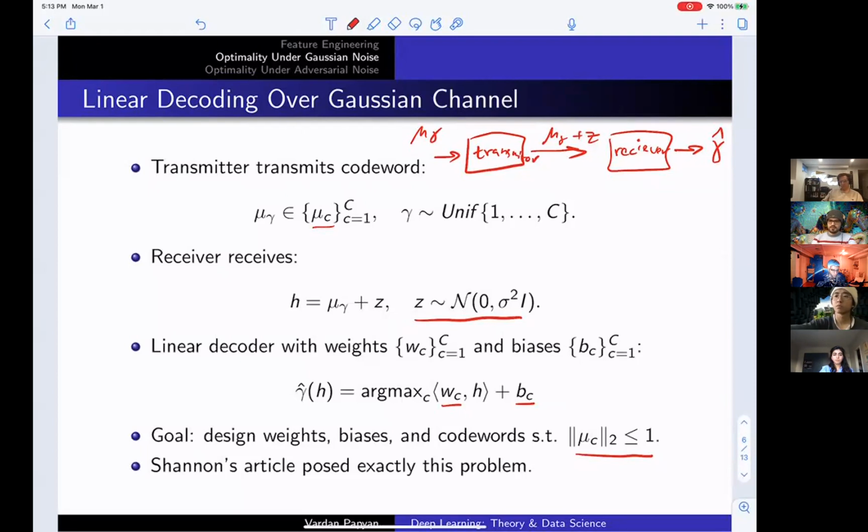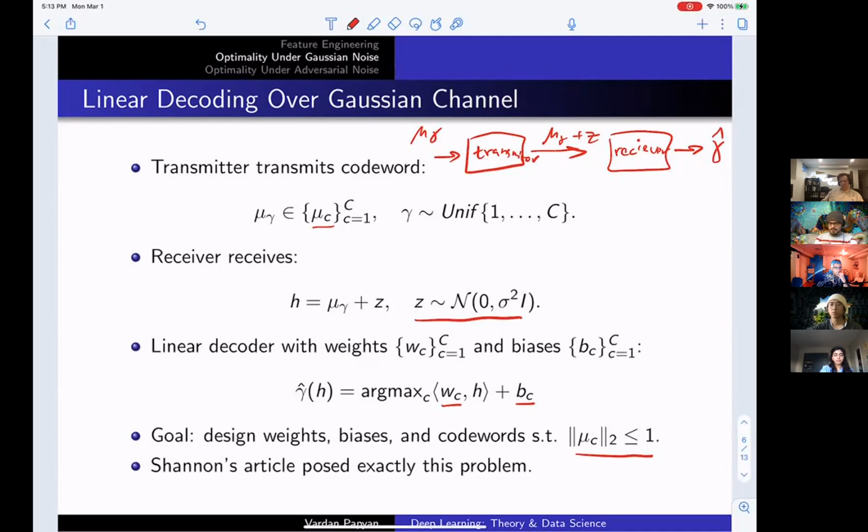So Karen asked, why would you want the norm of mu C to be less than 1? And indeed, the answer by Justin is correct, that it's like a power constraint. I'm not proficient enough in this area to explain what a power constraint is in the context of information theory, but I've read the same type of claims in papers.